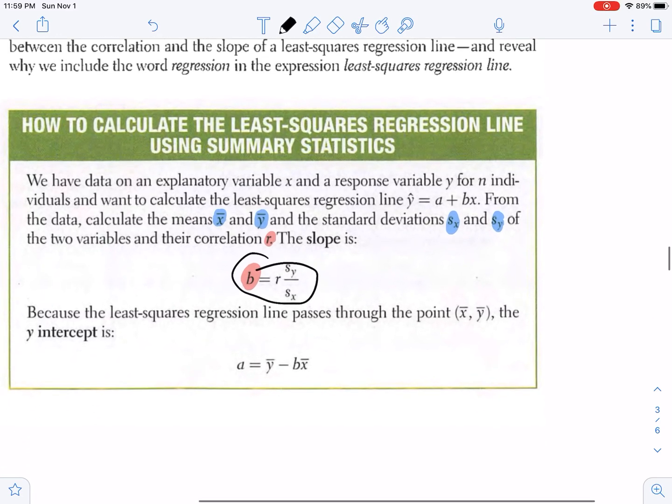And you can also calculate a using this formula. Now b is just the slope. This is the formula for the slope, so this is something to memorize.